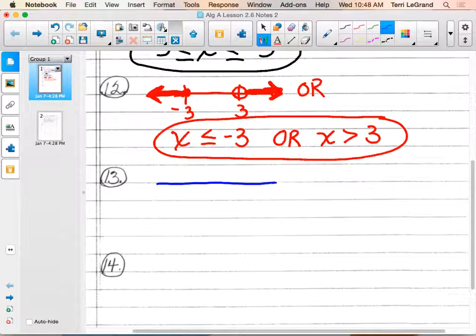So for number 13, once you have your graph reproduced from the book, decide if it's an and or an or, and then set up your compound inequality and see how it goes.